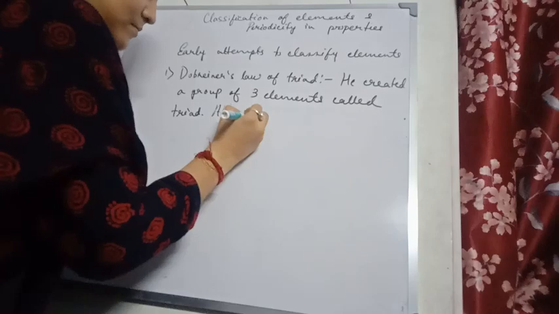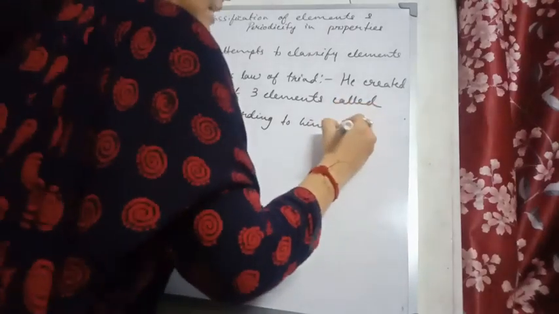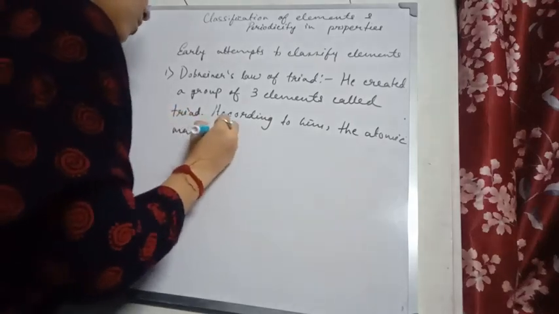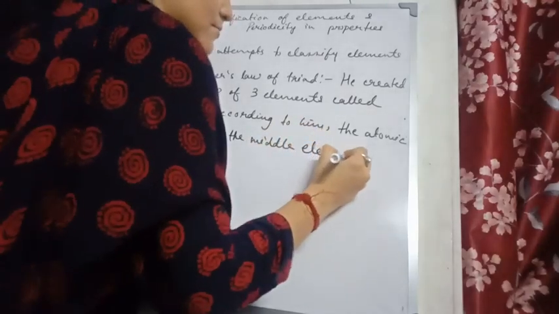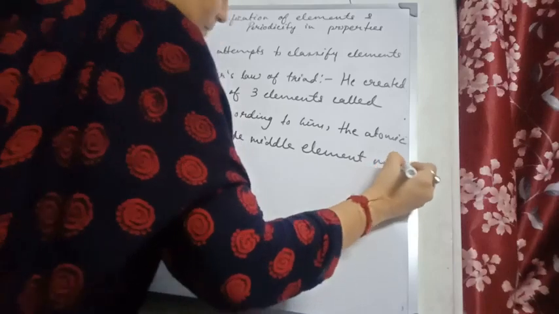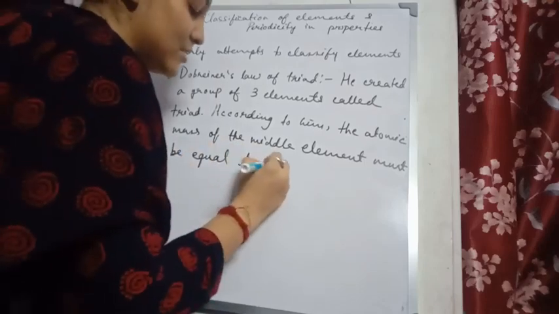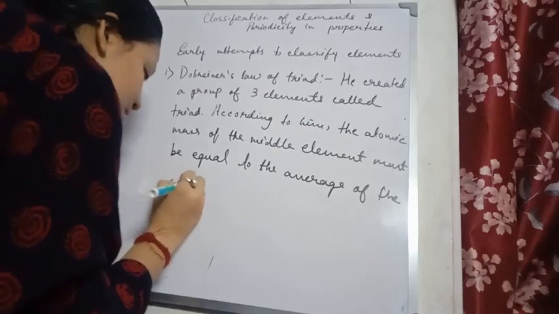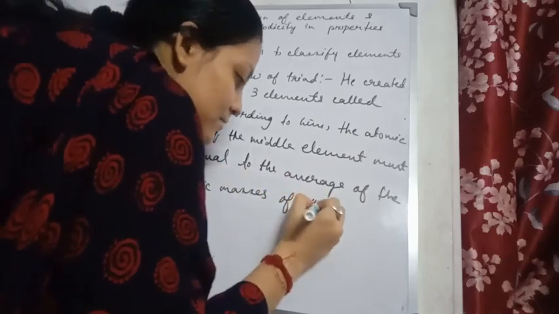According to him, the atomic mass of the middle element must be equal to the average of the atomic masses of the other 2 elements.